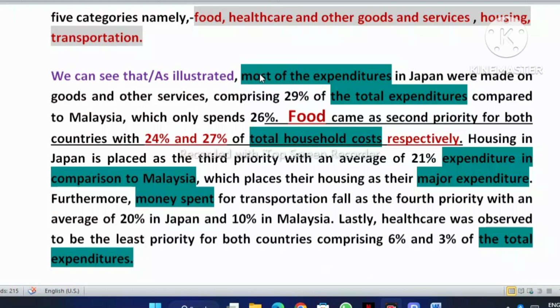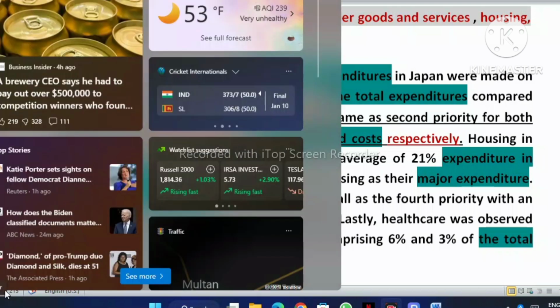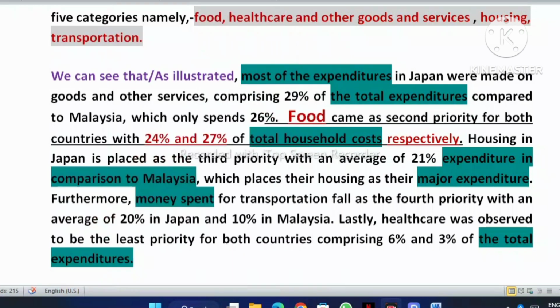As you can see, most of the expenditures, the total expenditures, total household costs, expenditures in comparison to Malaysia, major expenditures, money spent, the total expenditure. Here we mention the total two times.